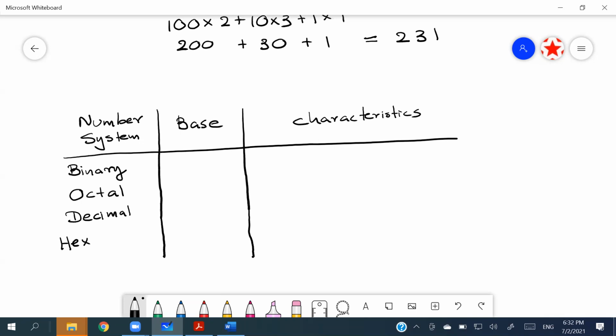And something called hexadecimal, right? As we discussed, the decimal number system is based on tens, 10 to the powers. Likewise, the binary number system is based on 2, the octal number system is based on 8, and the hexadecimal number system is based on 16.